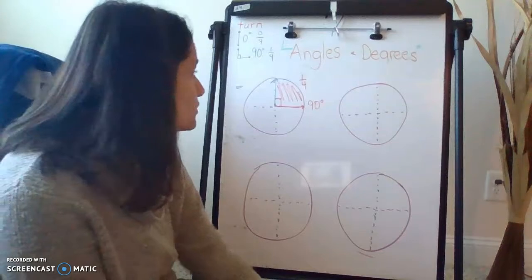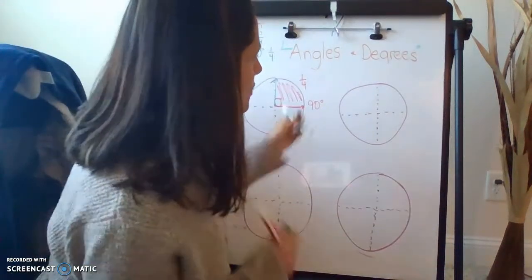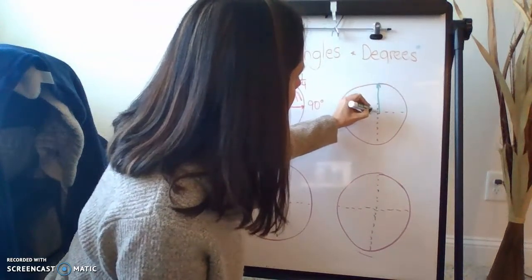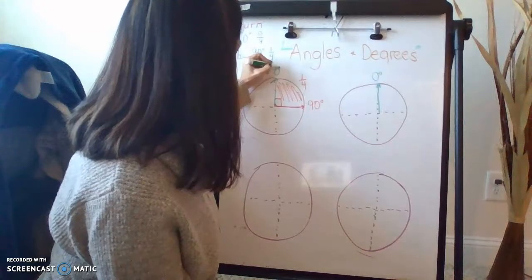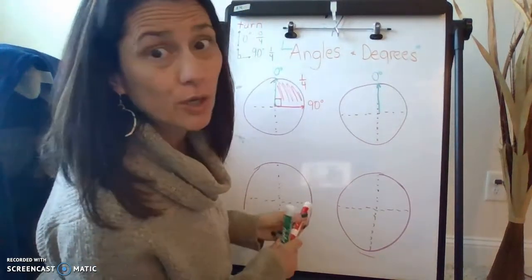All right. Now we're going to go to 2 turns. Remember, I'm always going to start where it starts out at 0 degrees. So this is 0 degrees. I'll go ahead and add that back over here with my green. Now I'm going 2 turns.